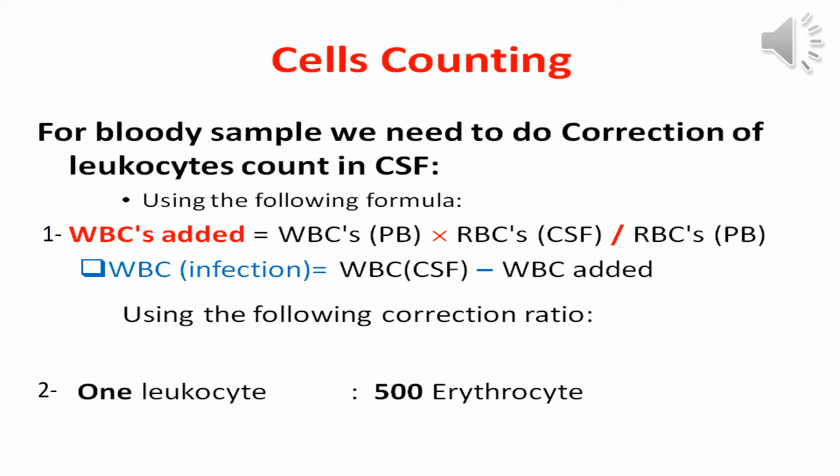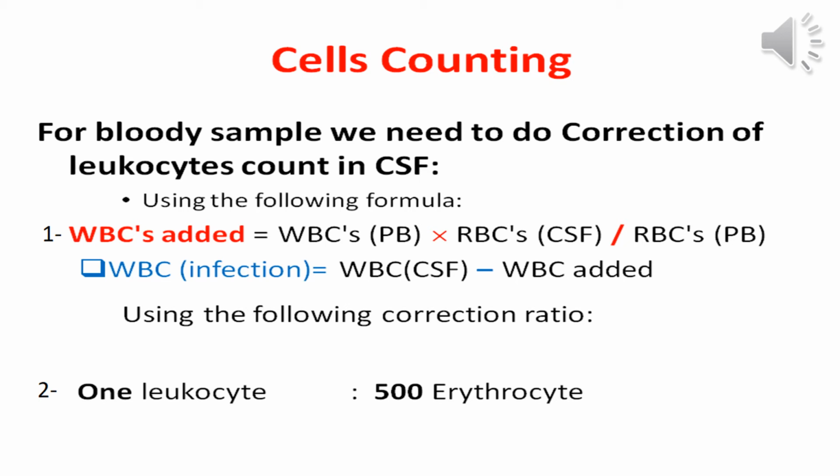Remember that when you collect the CSF sample, at the same time we need to collect a blood sample. So for any patient with meningitis, you have 2 samples. One of them is a blood sample, and the second is the CSF sample. For the blood sample we need to do a CBC to know the number of white BC and the number of RBC.